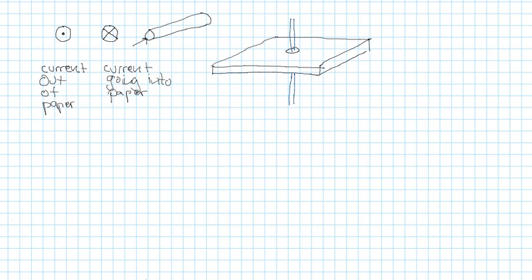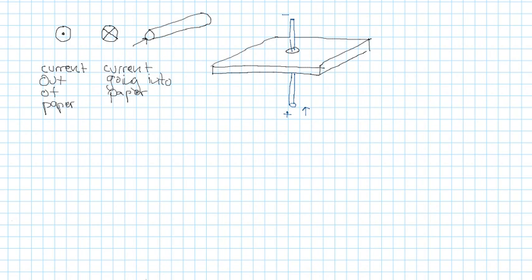We're going to pass a current through this wire. If we have a plus here and minus here, the conventional current goes from plus to minus, so it's going to go upwards.